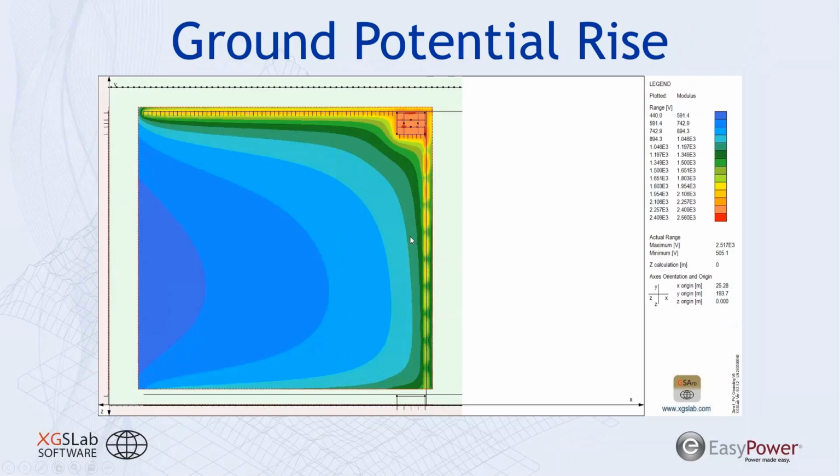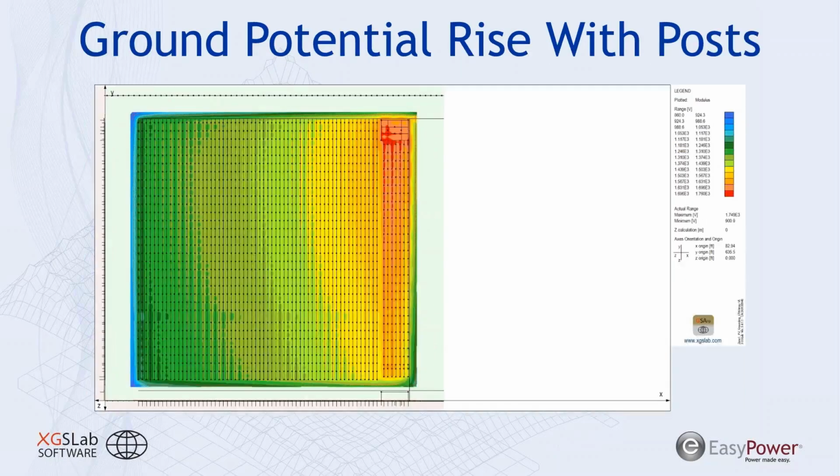Here's a plot of the ground potential rise. Before we model the panel array posts, you can see that the ground potential rise drops off relatively quickly from 2,560 volts. Now, when we model in the PV array posts, not only does the overall magnitude of the ground potential rise reduce, but the gradient, the voltage difference from one part of this to the other, reduces at a much lower rate.